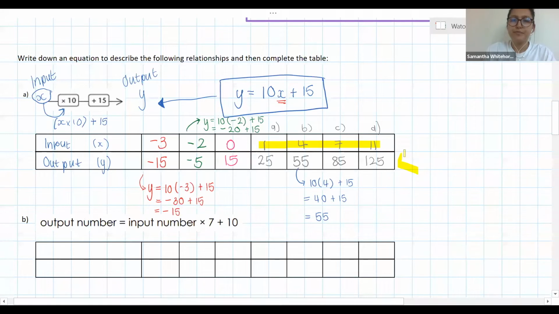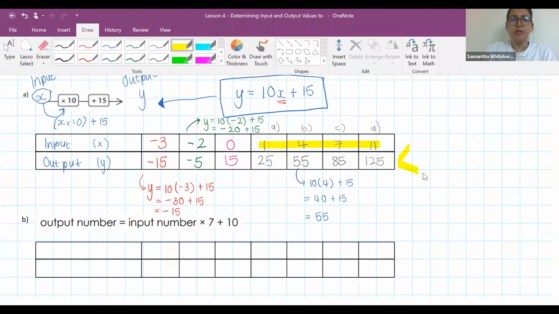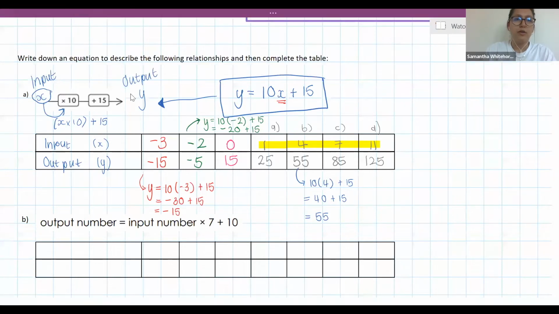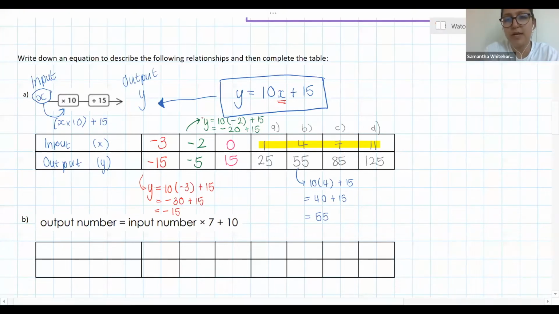So the reason that, let's say I'd given you an input, and I'm just going to add it on the end here, of -1. So if my X was -1, when I substitute that in, I'm getting 10 times -1 plus 15.